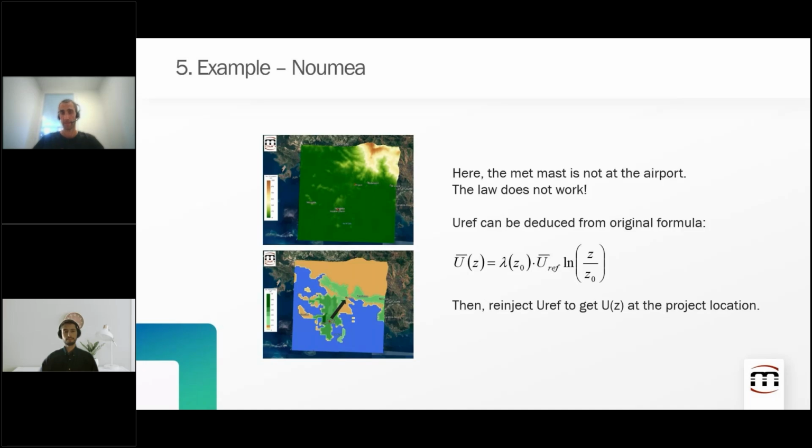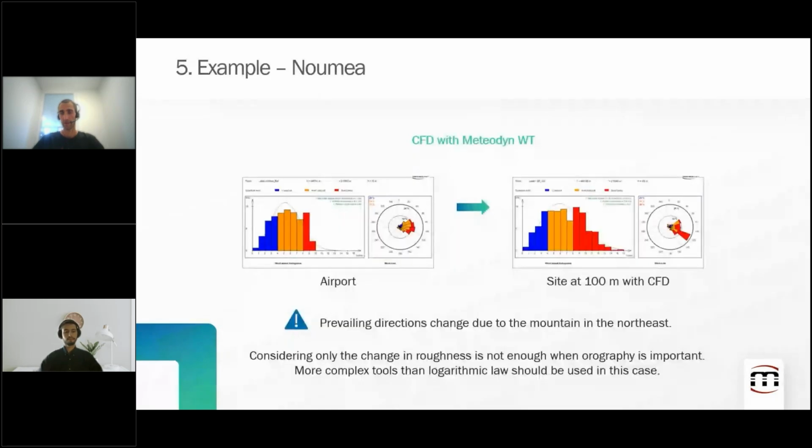Even saying that, in this case it is not going to provide you good results, because on the next slide, what is going to affect a lot is the topographic effect. The CFD shows that from the airport to your site you actually have a very strong orographic effect.